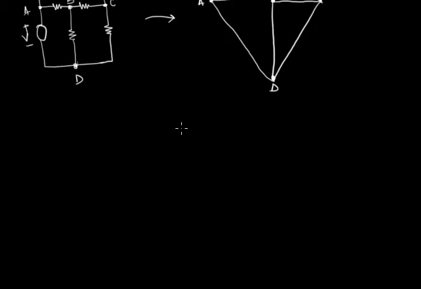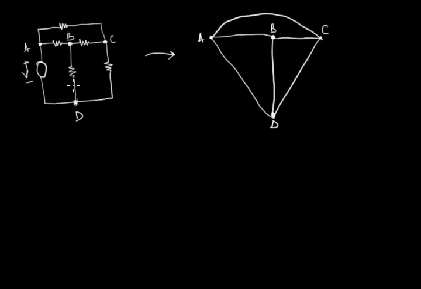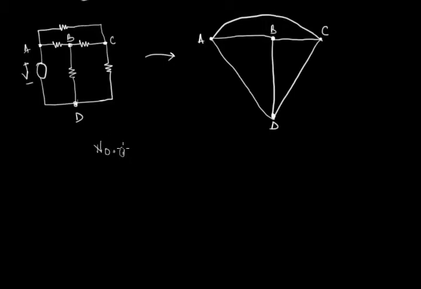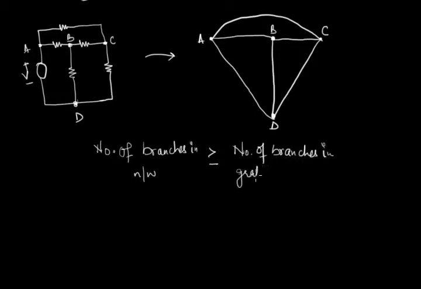Okay, now moving further. One thing to take into mind: the number of nodes in the network as well as the graph will remain the same, but the number of branches in the network can be greater than or equal to the number of branches in the graph.